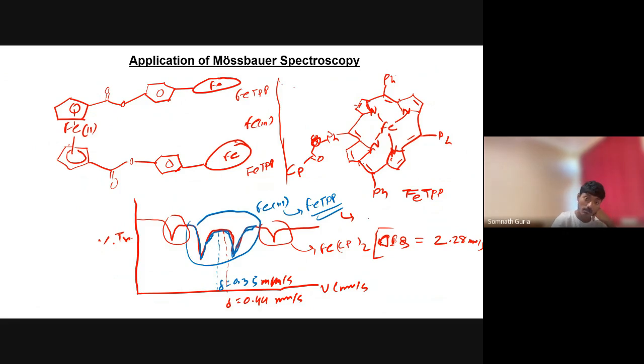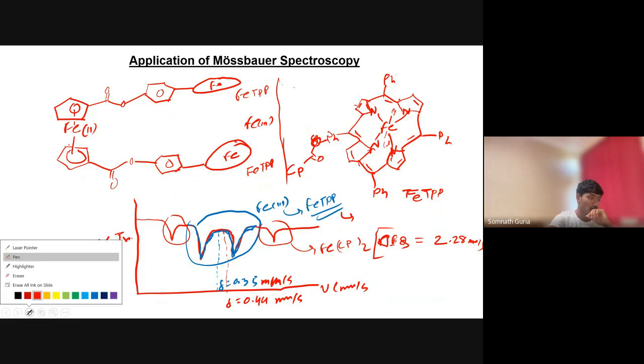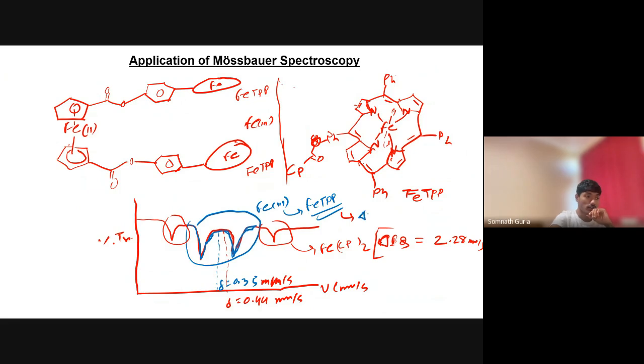The Fe3 high spin system has the porphyrin, coordinated with the nitrogen, and in the other direction is the chloride. This side is chloride, and this side is chloride, so two chlorides are there. So here the delta value is, we know, 0.35, and the delta EQ value for this equals 0.35 millimeter per second. Why?